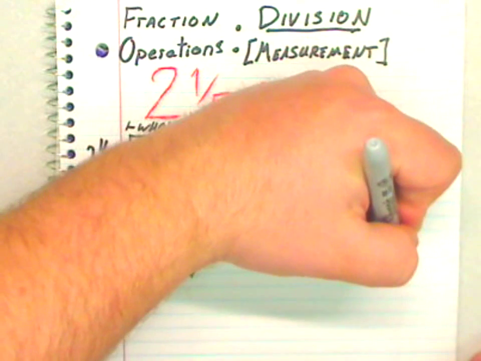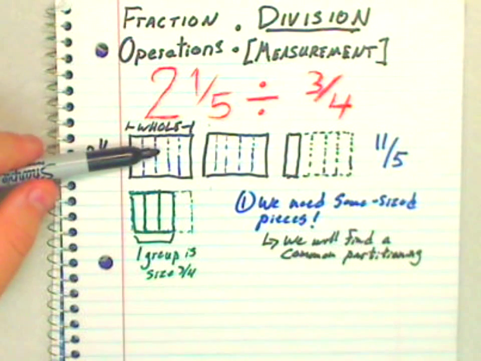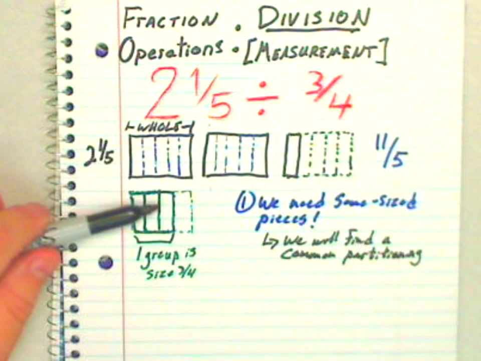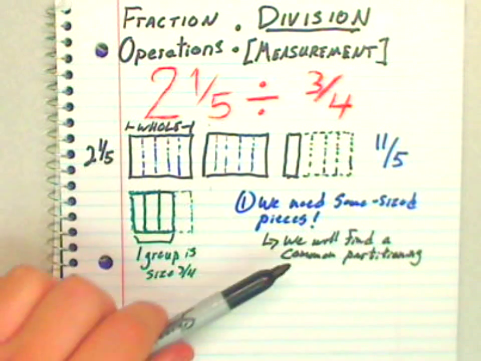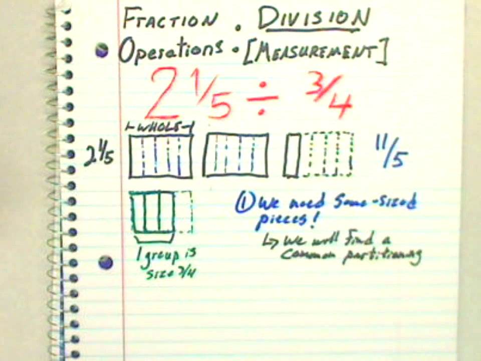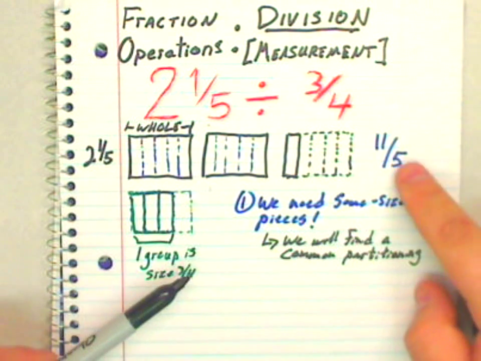And what that means is a partitioning that will make these pieces and a partitioning that will make these pieces the same size. Another way we describe a common partitioning in mathematical language is we're finding a common denominator. And that makes sense. We're finding a partitioning that will make our pieces the same size. If the denominator is the same, that's why we use the word common. It means it's the same thing. It's common. We have the same denominator in common.